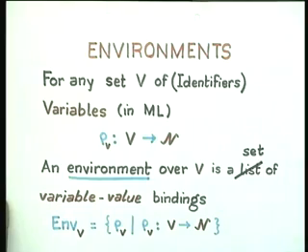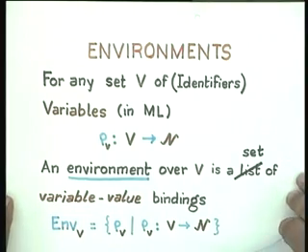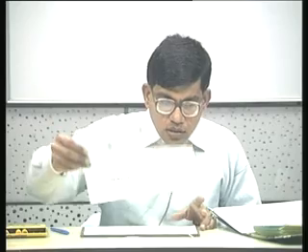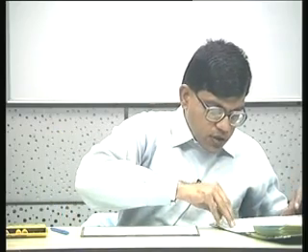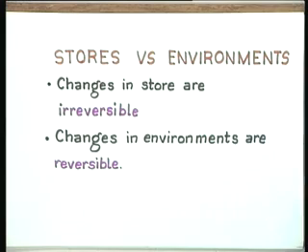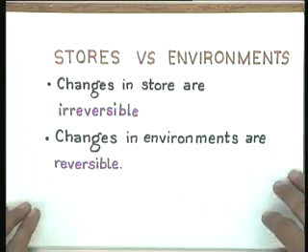Let us go back briefly to what we said about ML-like programs. Their environments were variable-value bindings, and when you have a command language, you are required to have something which allows changes to be reversible and something else that allows changes to be irreversible, and as a result we require stores in addition to environments.